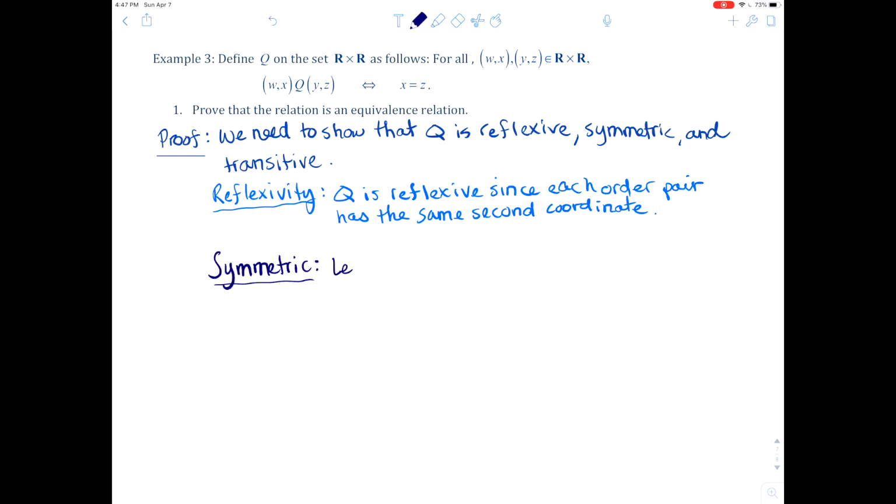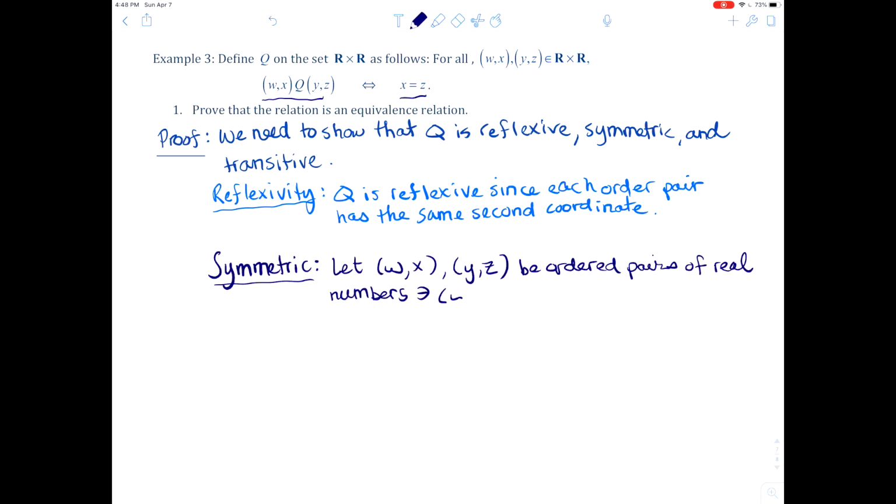So here, we're going to let (w, x) and (y, z) be ordered pairs of real numbers such that (w, x) Q (y, z).